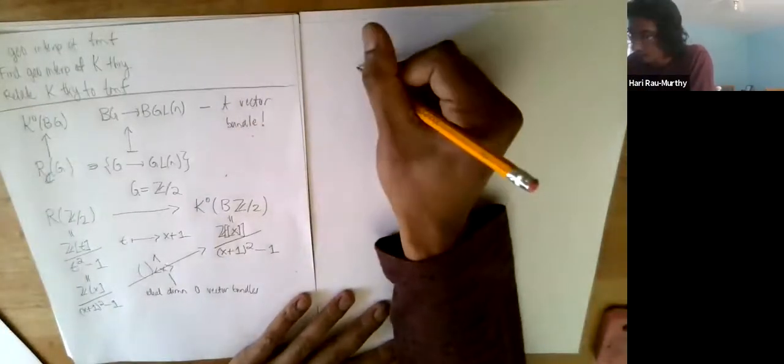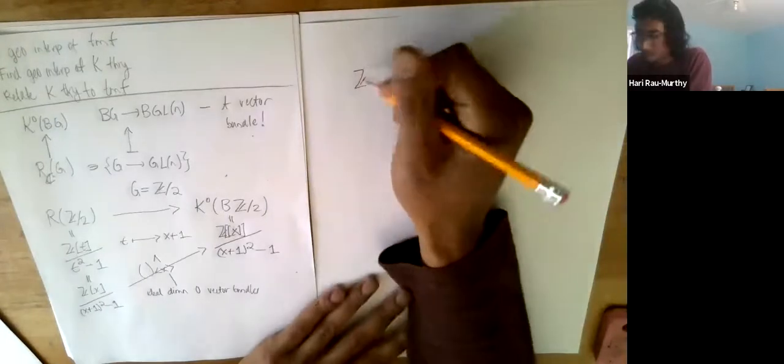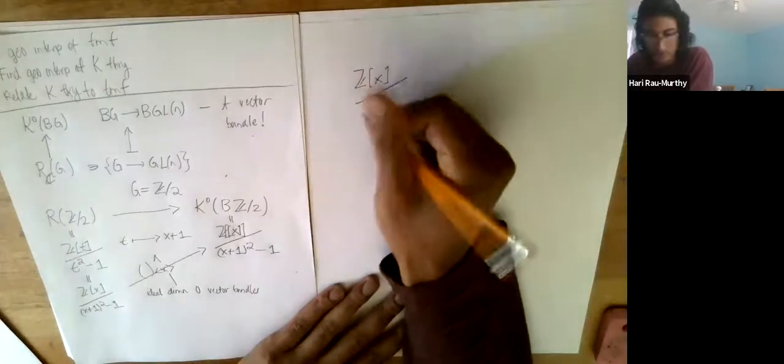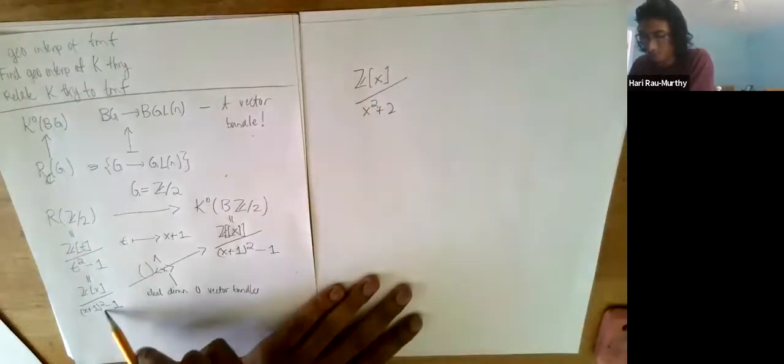So let me do that. So the representation ring was this: x squared equals x squared plus 2x.